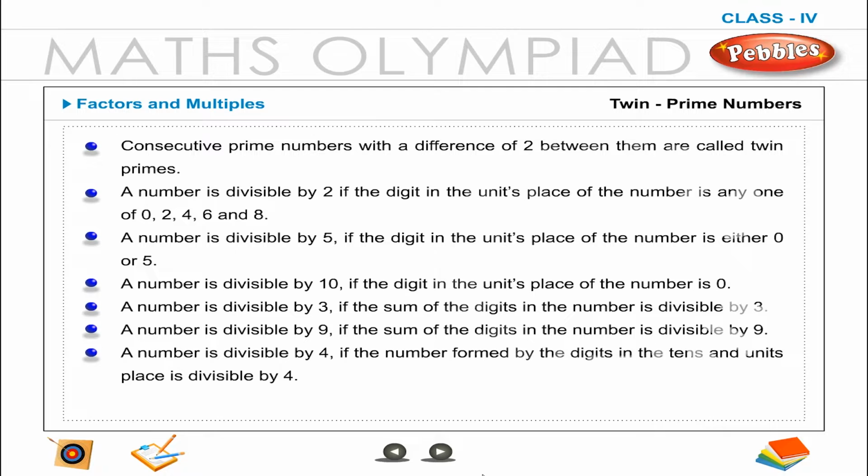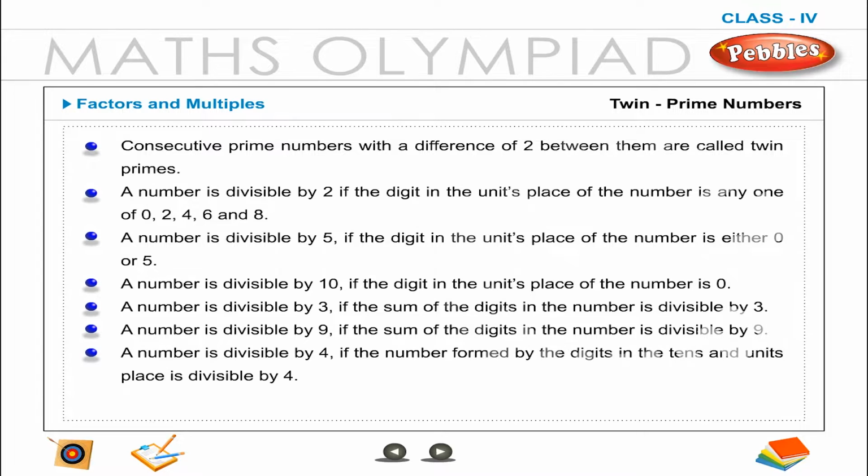A number is divisible by 2 if the digit in the units place of the number is any one of 0, 2, 4, 6 and 8. A number is divisible by 5 if the digit in the units place is either 0 or 5. A number is divisible by 10 if the digit in the units place is 0.